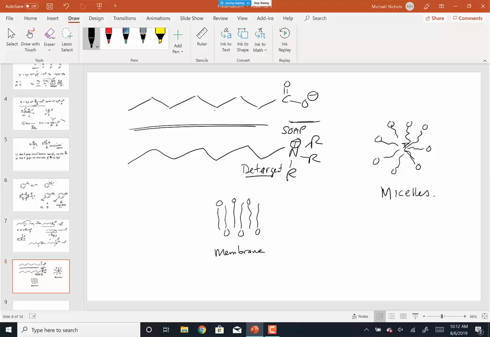So what happens with the double bond is it kinks the chain so that they can't pack on top of each other really well. The more you can pack the straight chains on top of each other, the cumulative intermolecular forces, the London dispersion forces, are going to cause those chains to pack well, and you're going to end up with a solid. On the other hand, if they're kinked, you can't pack them together, so they're a liquid. They don't pack well.